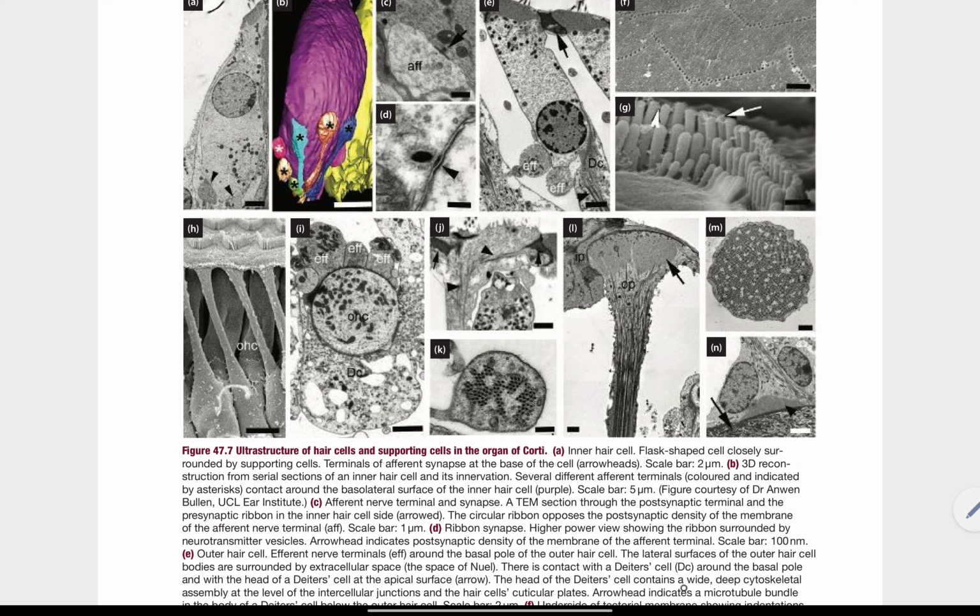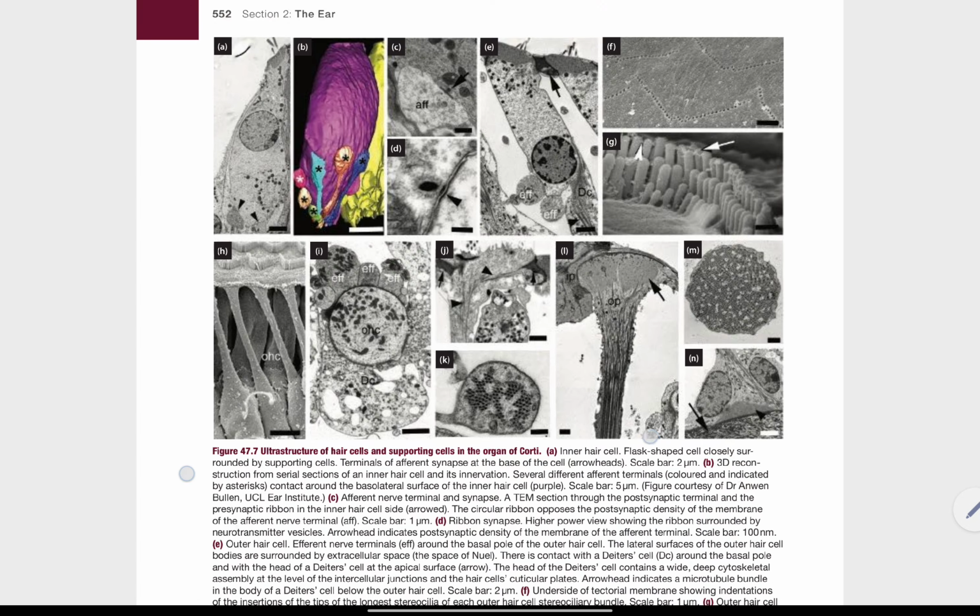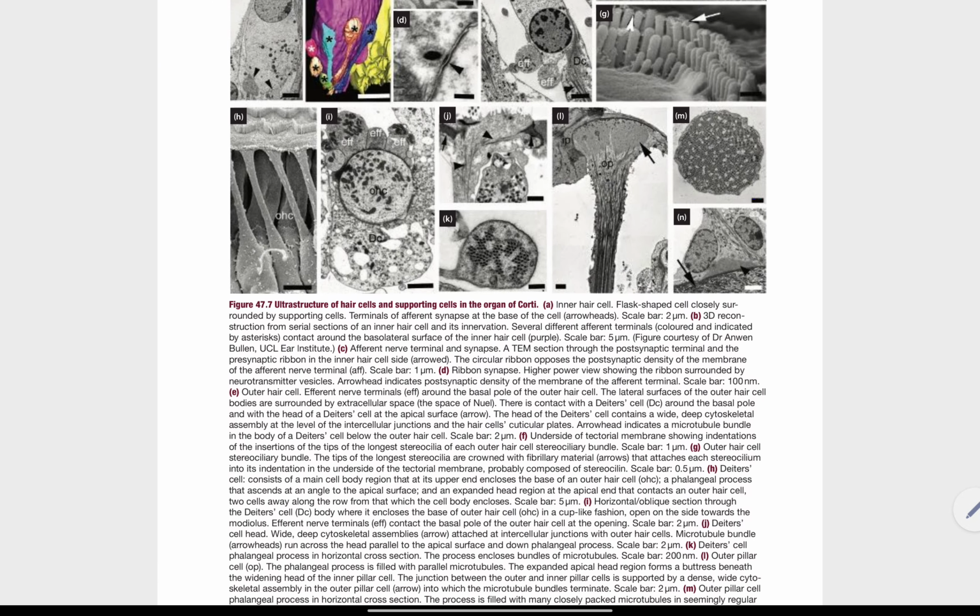The head of the Deiters cell contains a wide, deep cytoskeleton assembly at the level of the intercellular junction and the hair cell cuticular plate. Arrowhead indicates a microtubular bundle of the body of the Deiters cell below the outer hair cell. Scale bar 2 millimeter.